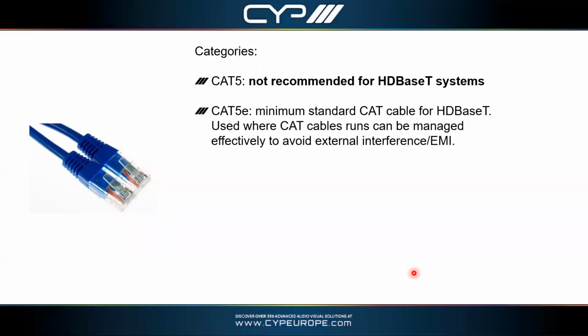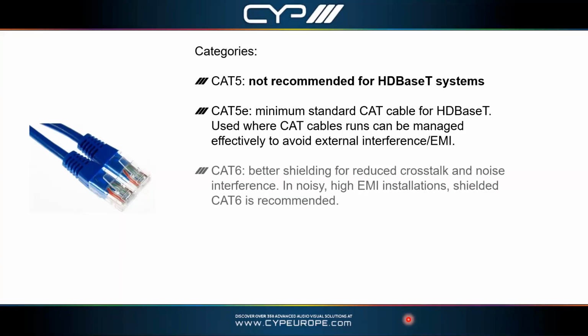Cat5e, for example, would be what we would class as the minimum standard. I say we, that's also the HDBaseT Alliance. We would look at that as the minimum standard recommended for HDBaseT, as it does have slightly better bandwidth and slightly better protection against interference, basically, slightly better insulation.